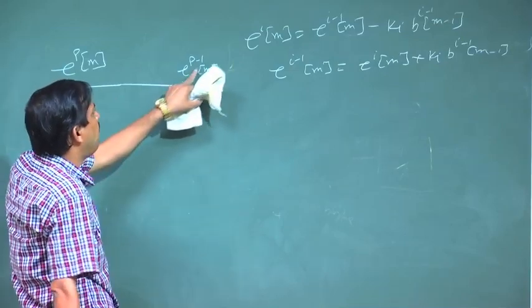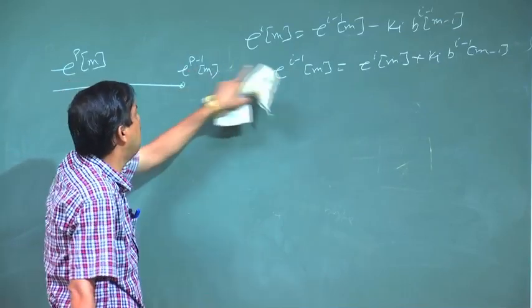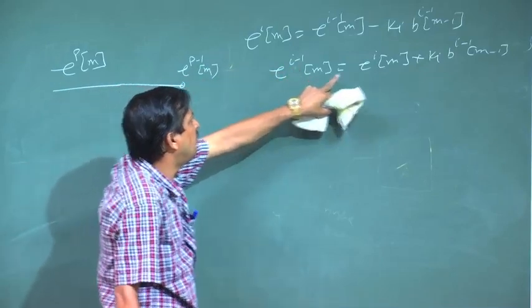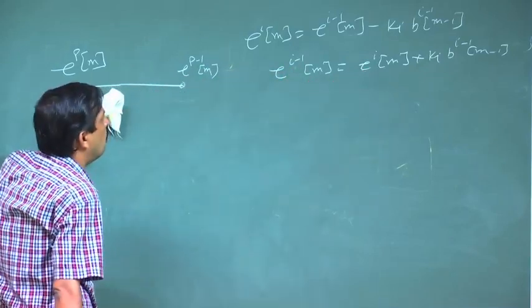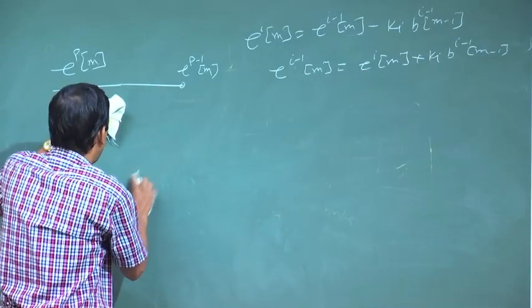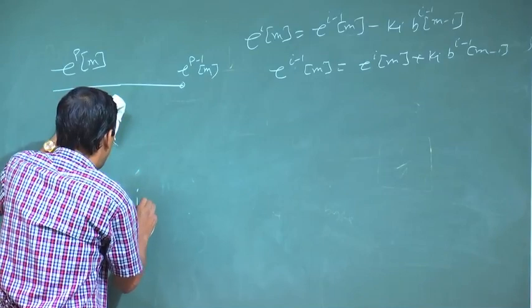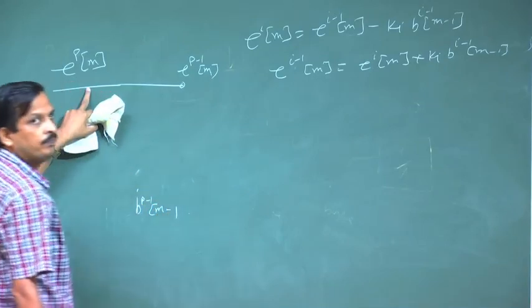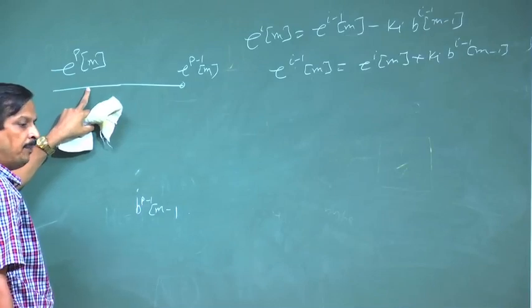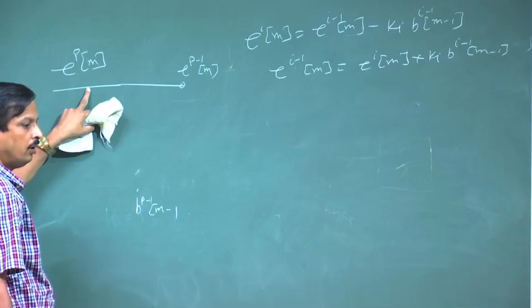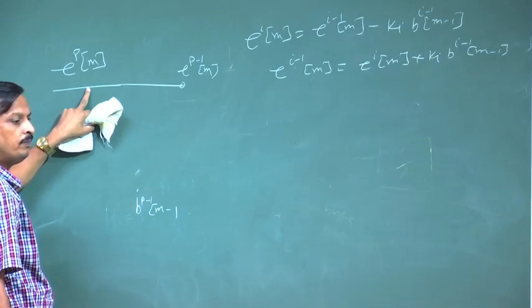So instead of I I put P: EP minus 1 m is equal to EPM, which I know, plus I have to know BP minus 1 m, m minus 1.